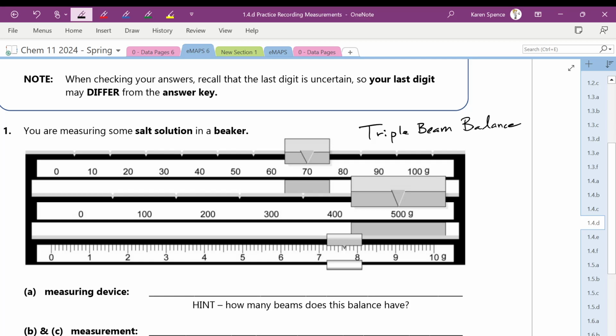It's got 4 beams, but the one we're looking at here only has 3 beams, which is why it is a triple beam balance. We have beam 1, beam 2, beam 3.